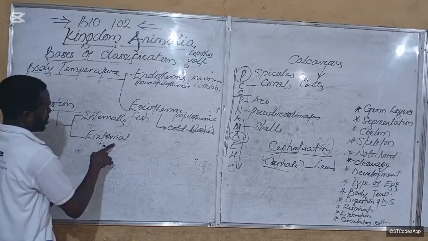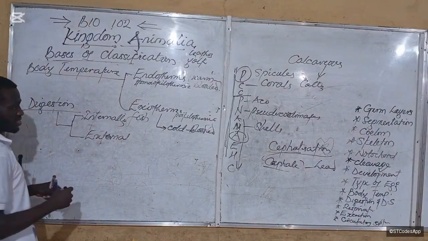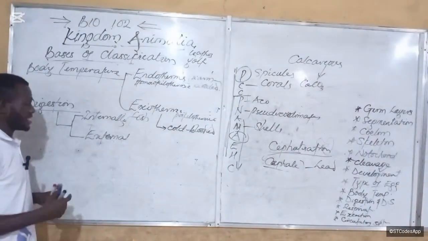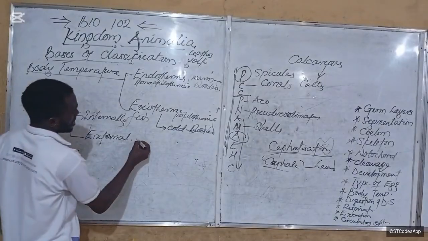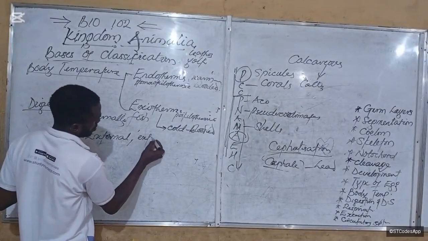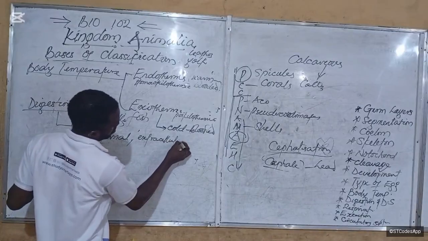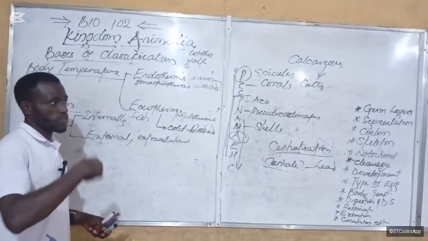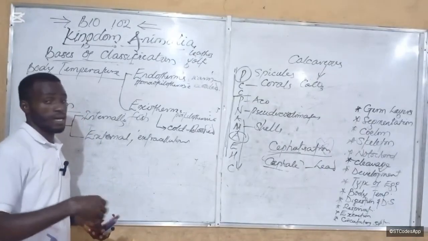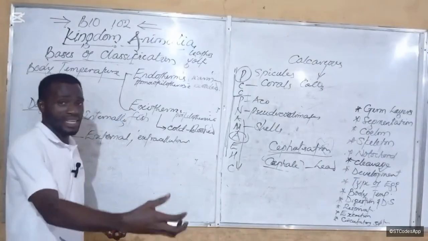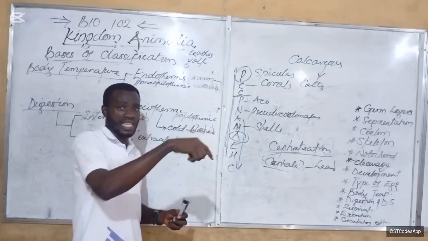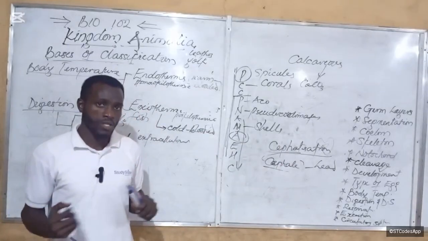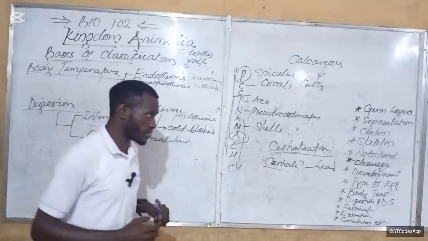In this external digestion, we mean extracellular digestion. In this case, the organism will secrete an enzyme that can help in the digestion of that thing. So after it digests the thing, then it absorbs the nutrients. Is that clear? Does that make sense? Okay.